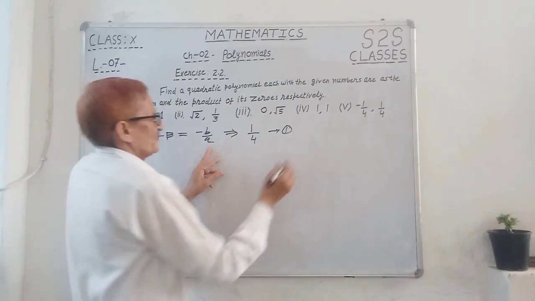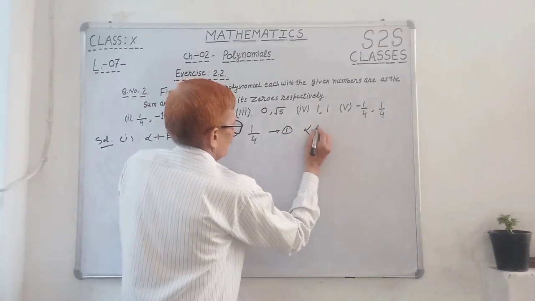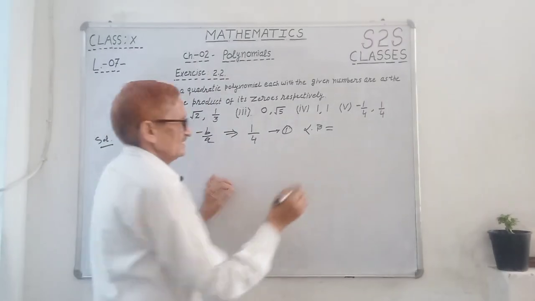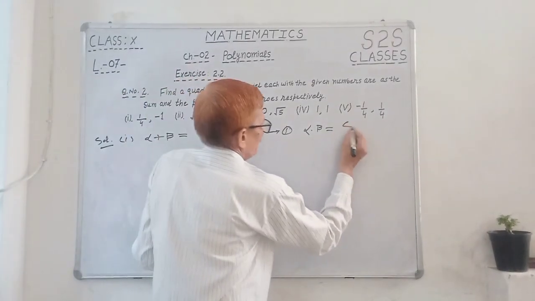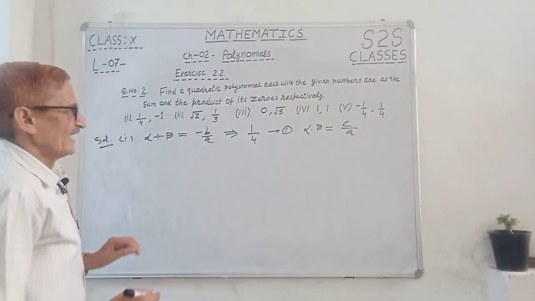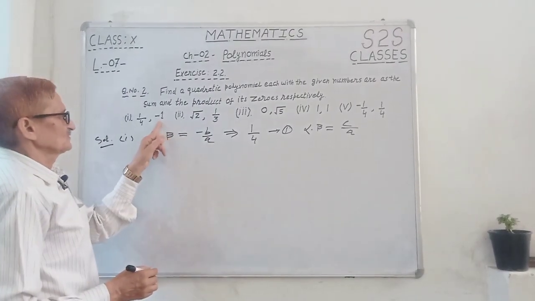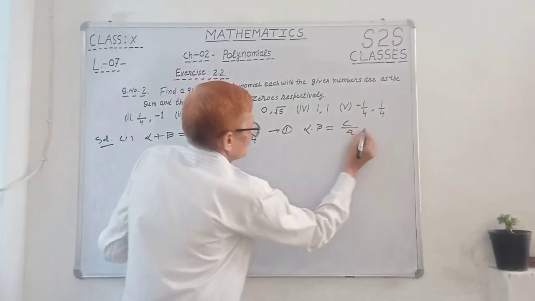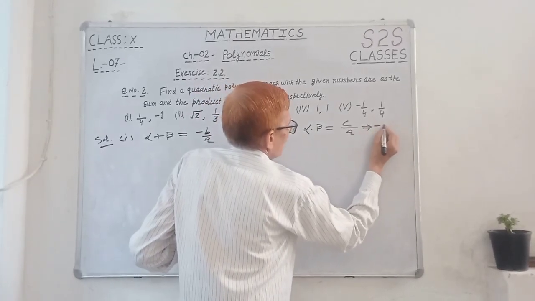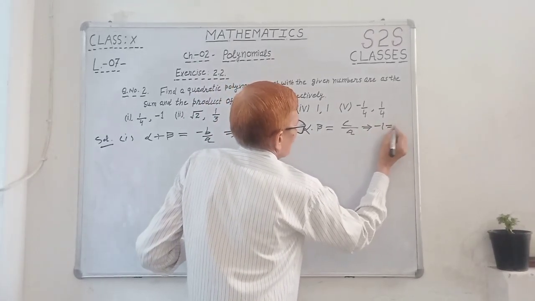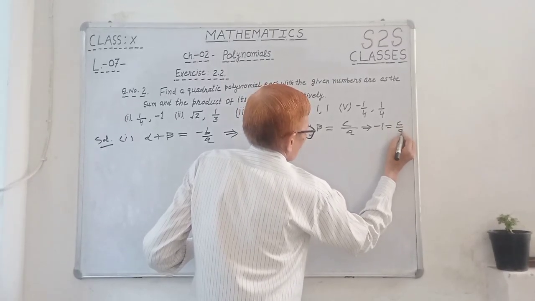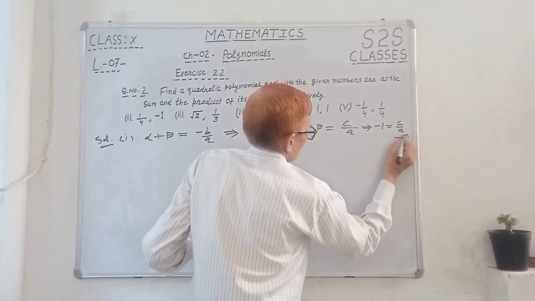Similarly, the product alpha into beta, the product of the zeros, is equal to c upon a. Then the product given in the first part is minus 1, so this implies minus 1 is equal to c upon a. This is equation number 2.